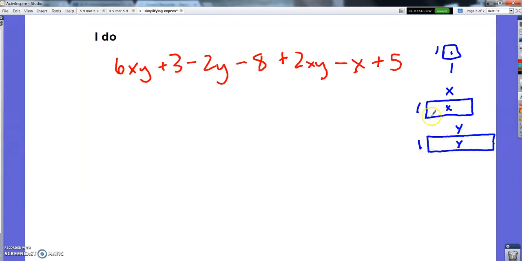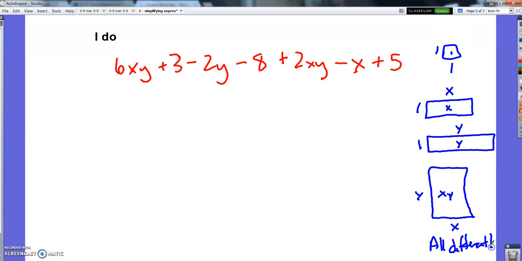And then you have a block that's x by y, so it's something like this, x in one direction and y in the other. And that's an xy. And the main thing to know is that these are all different. When you combine like terms, you're only going to combine x's with x's, y's with y's, and xy's with xy's.